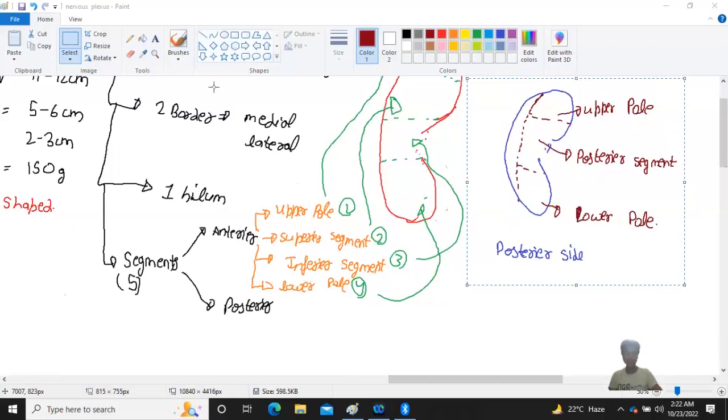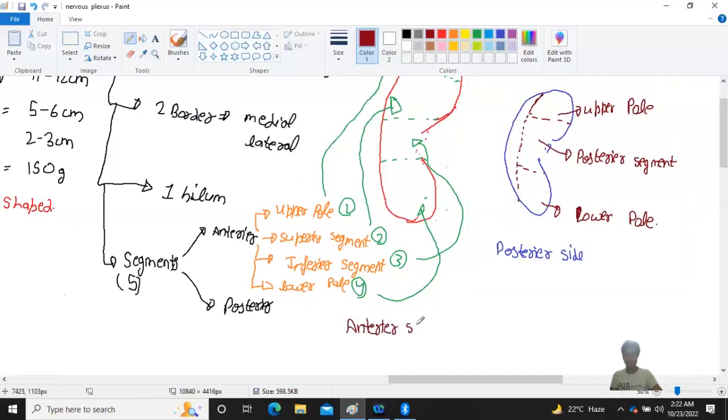This is the anterior side, and this is the posterior side. Anterior and posterior, like this.